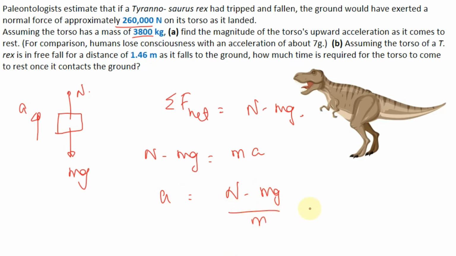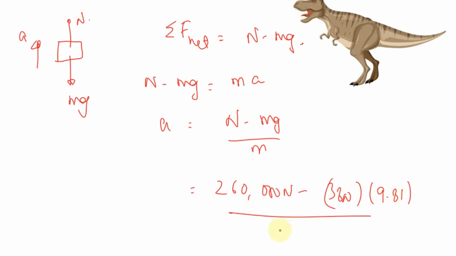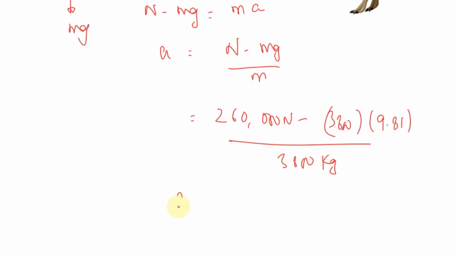We can put in the values to find the upward acceleration. The normal force is 260,000 newtons minus the mass of the Tyrannosaurus, 3800 kg, times g, 9.81, divided by the mass, 3800 kg, and if you solve it further, you'll get the acceleration to be 59 meters per second squared, which is nearly 6g, 6 times g.